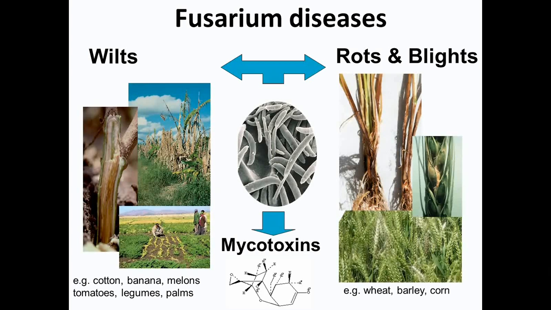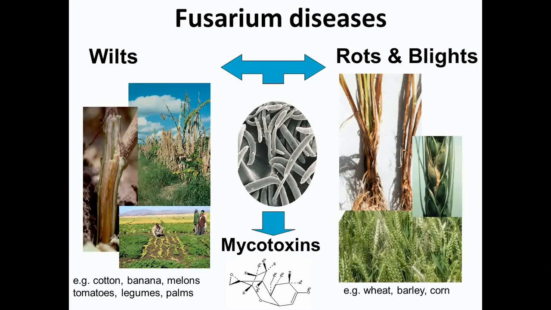Nevertheless, you can identify two major groups of Fusarium pathogens that can cause damage to crop plants. You can have Fusarium oxysporum and related Fusarium species causing wilt disease in many important crop plants, such as bananas. I think Elizabeth will be covering that in her presentation in the coming weeks, or next week.